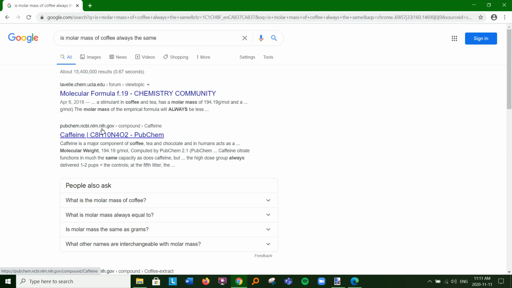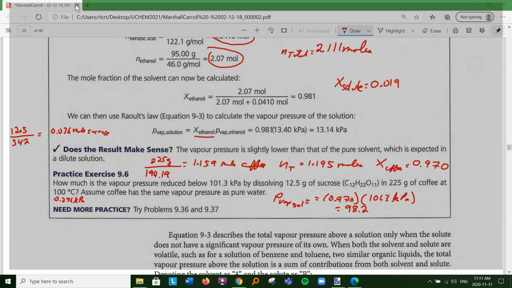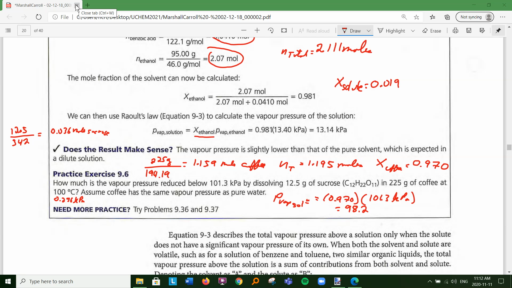Okay, well, caffeine's 194.19, but we don't know what the other ingredients may be in there. So I'm not going to fret about that. We got the right process. We've done the math correctly.